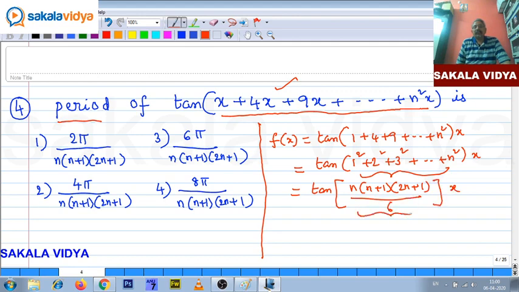Now we need to consider this one as a. Now the period is equal to pi by mod a. So that means pi by this one, so we get 6 pi by n into n plus 1 into 2n plus 1.